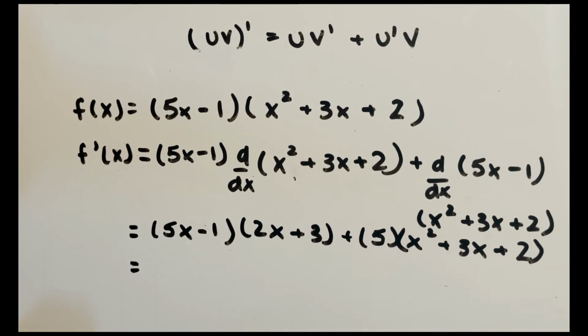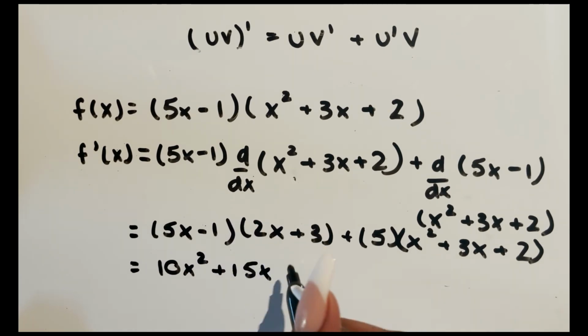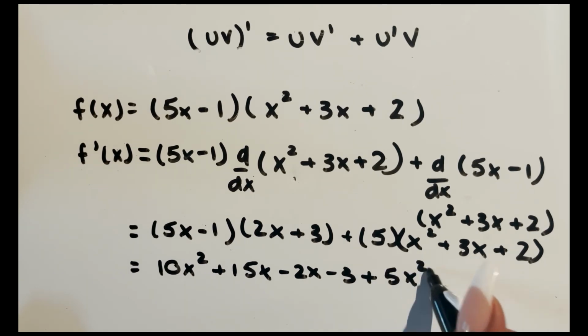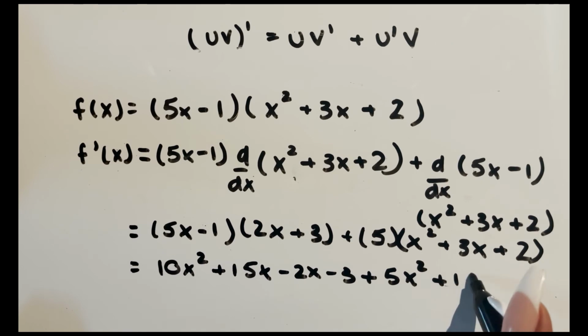Let's get started. 5x times 2x, 10x squared. 5x times 3, 15x minus 2x minus 3. Plus, distributing the 5, we'll get 5x squared plus 15x plus 10.